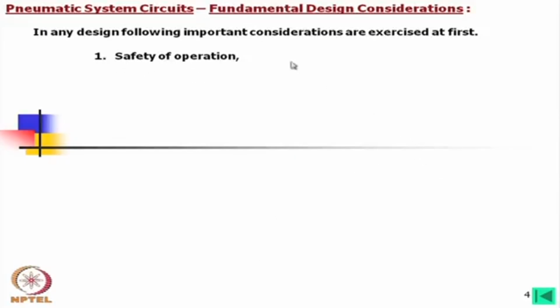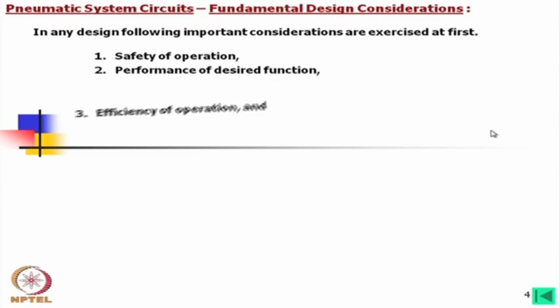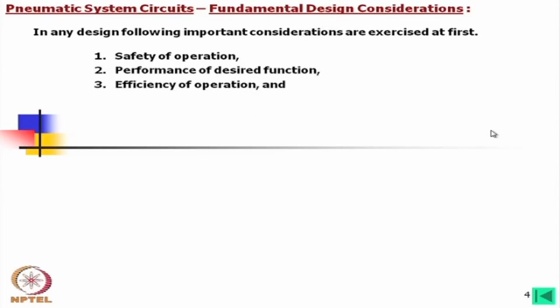Now, for designing such a circuit, first of all we should consider safety of operation. Secondly, performance of the desired function. Thirdly, efficiency of operation, and last, the costs. All together we have to think about these while designing any system.